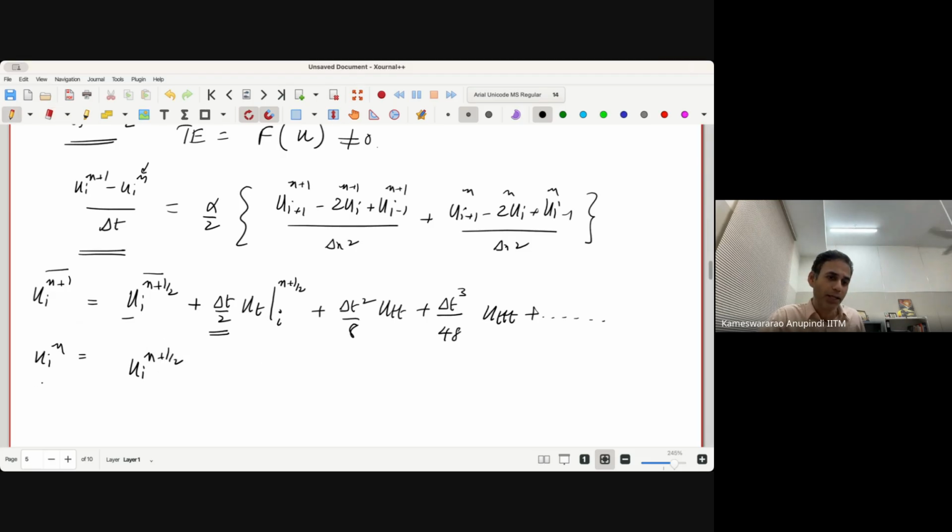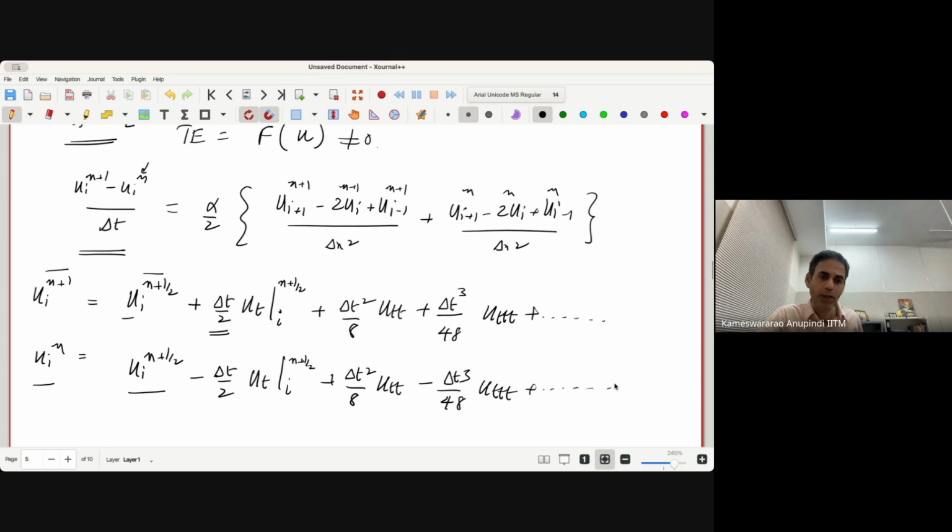We realize that u_i^n is minus delta t by 2 off from n plus half, so we have to go back by minus delta t by 2. So this is going to be minus delta t by 2 u_t, again at i and n plus half, which we will conveniently not write all the time. And then plus delta t square by 8 u_tt minus delta t cube by 48 u triple t and so on. So that's what I have.